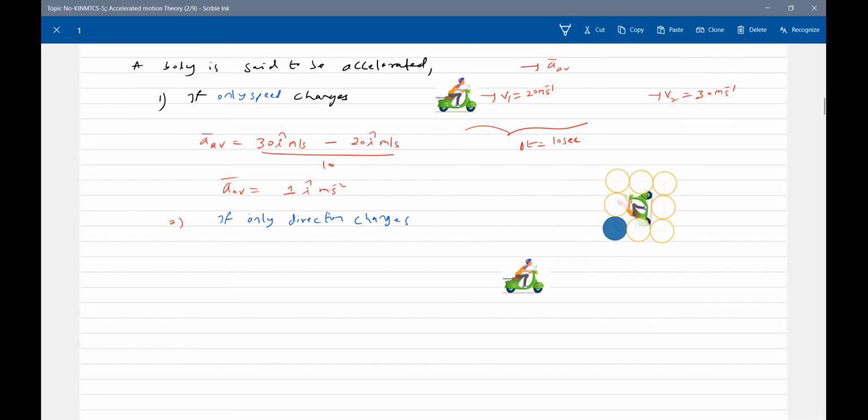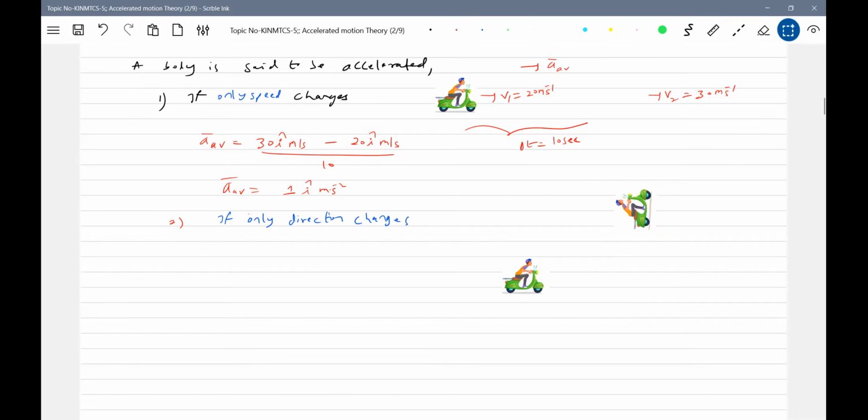I think I'm able to show this much with this rough diagram. So we have a road. He was moving along the positive x-axis. Then afterwards he will change his direction. This is the x-axis, this will be the y-axis.